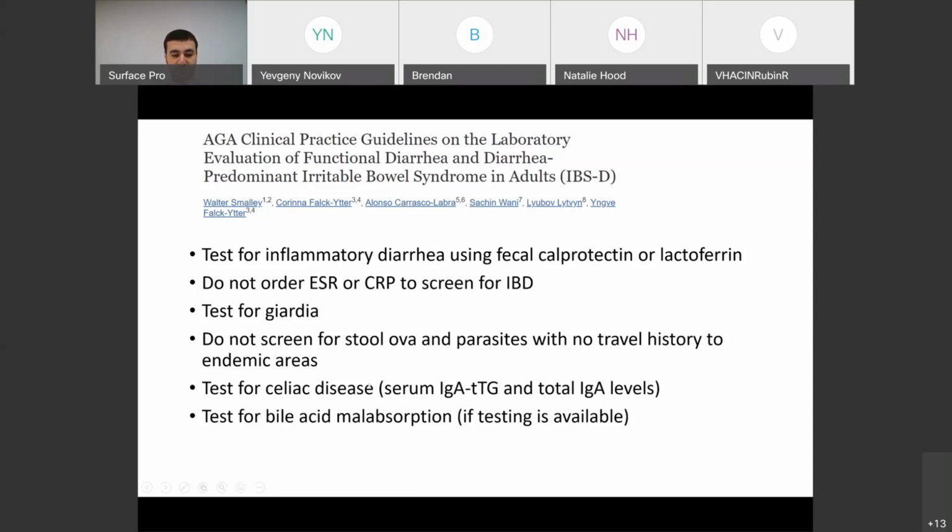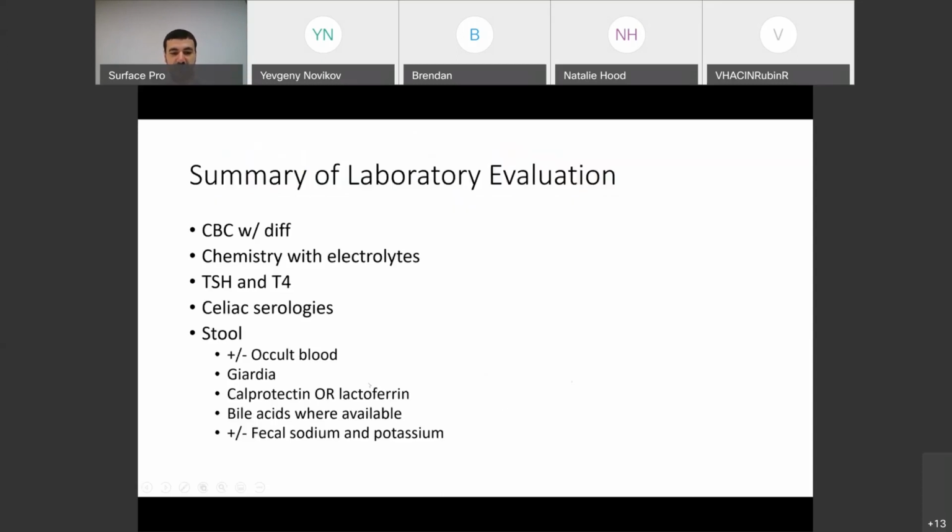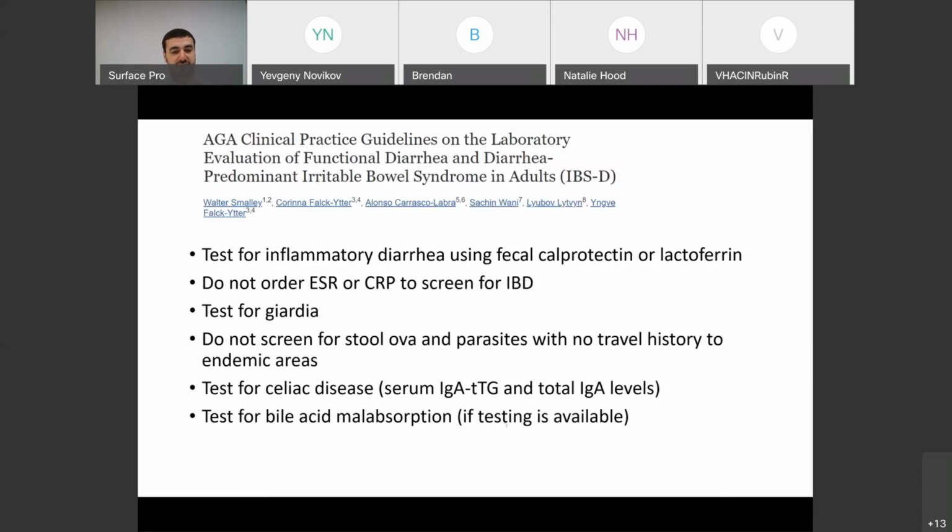And then they tell you to test for bile acid malabsorption if testing is available on all of these patients. That said, it's kind of an unfair recommendation because in most of the US, bile acid malabsorption testing is not available, and you'd have to do, at best, if it were available, a 72-hour stool collection to measure bile acids.